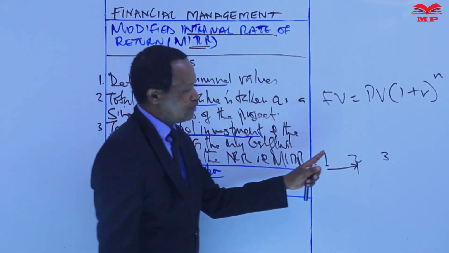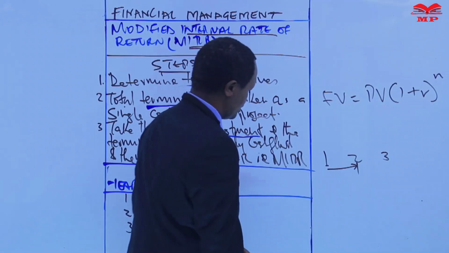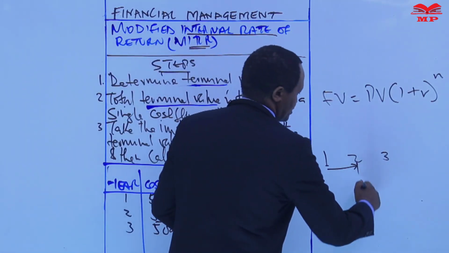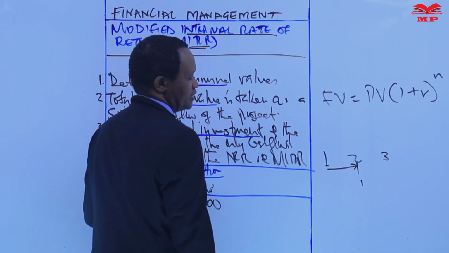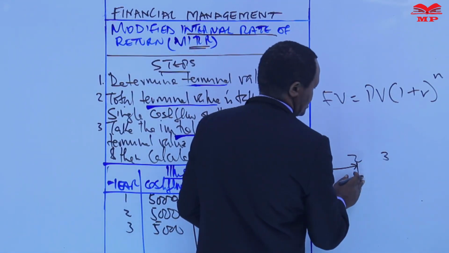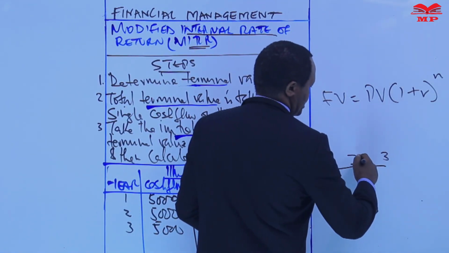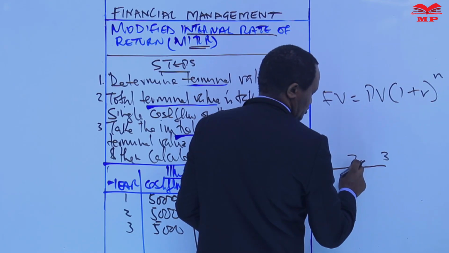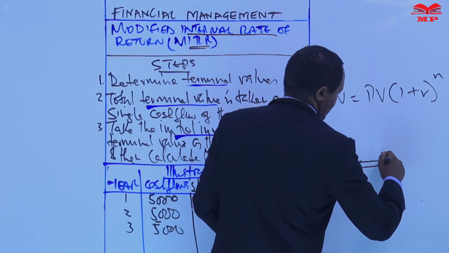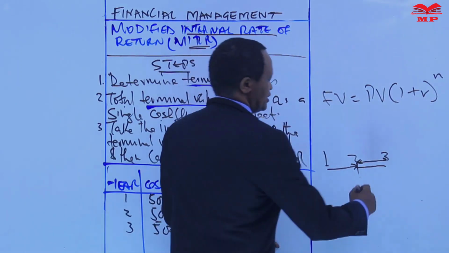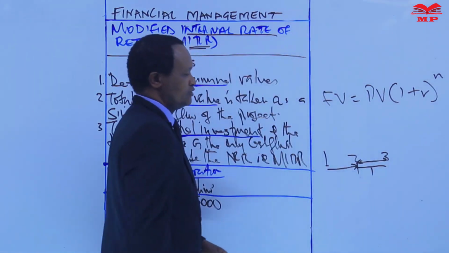So the period is 1. Then from the start of year 2 to the beginning of year 3, that is 1 period.